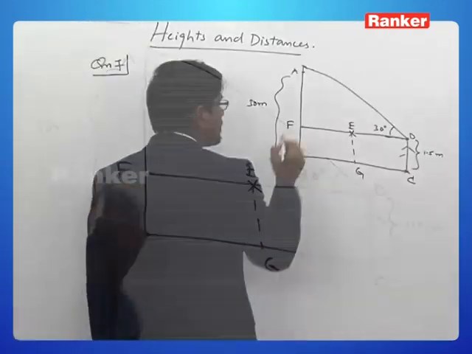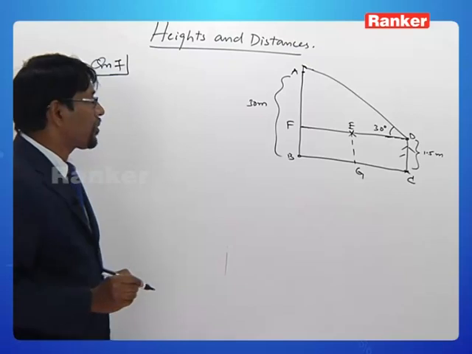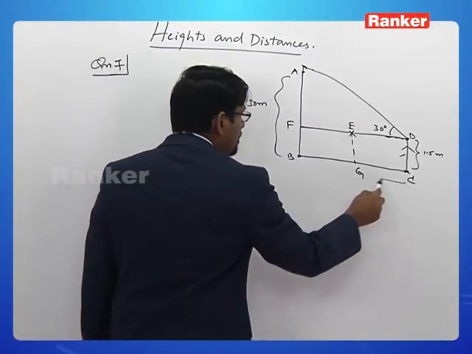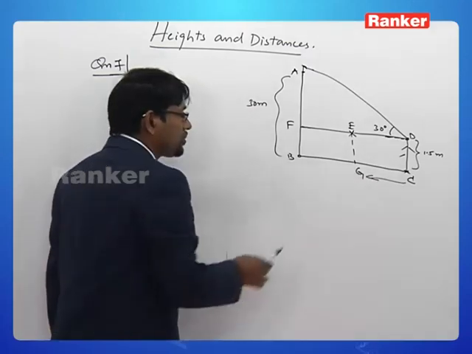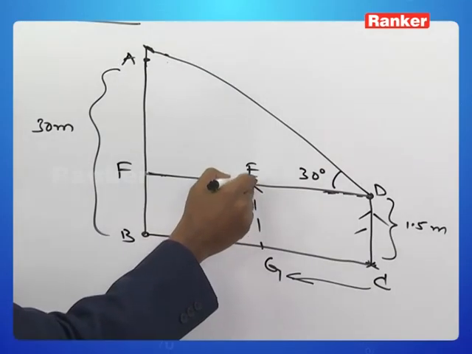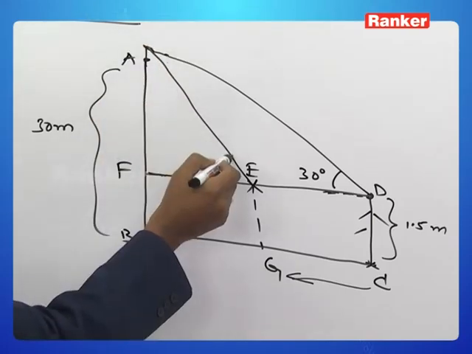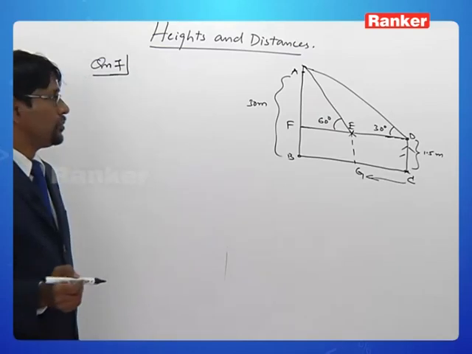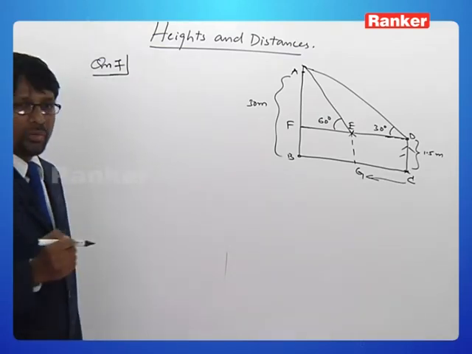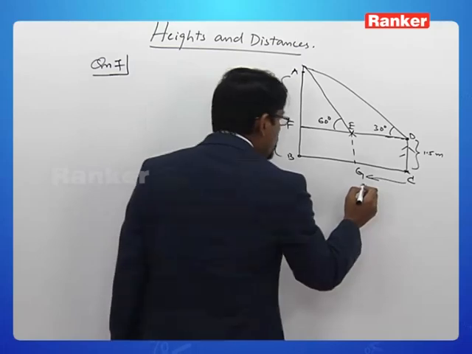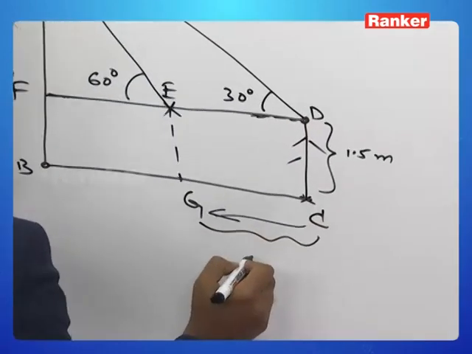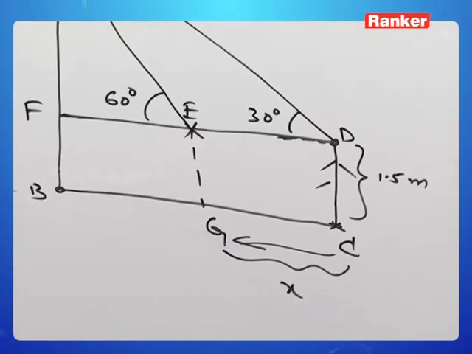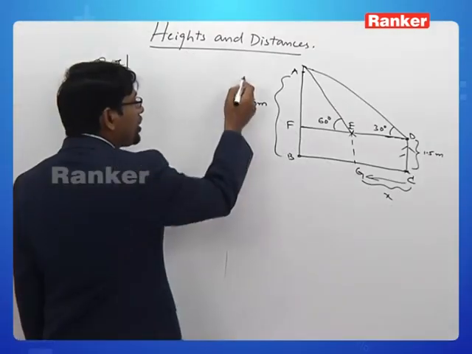Let's call this F. He has moved from C to G. And now the angle of elevation has increased to 60 degrees. Now what we are asked to find is the length CG. Let's call this X. So what is the length CG there?